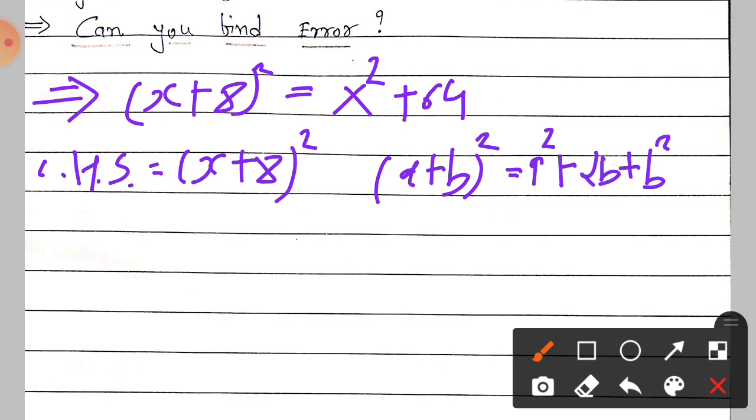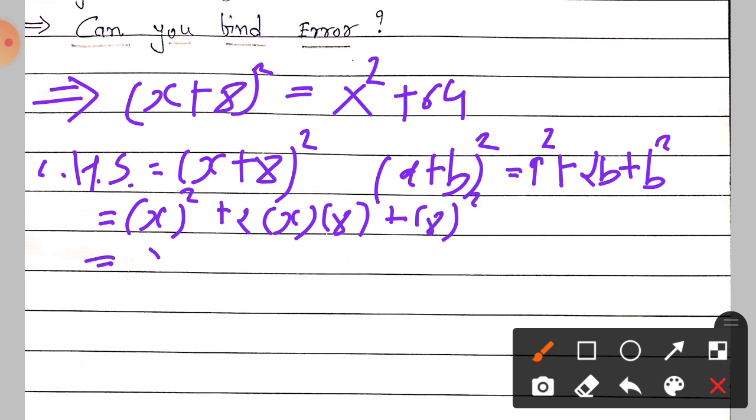So we solve this bracket according to this identity. So what is the answer? That is x square plus 2 multiply x into 8 plus 8 square. That means x square plus 16x plus 64.